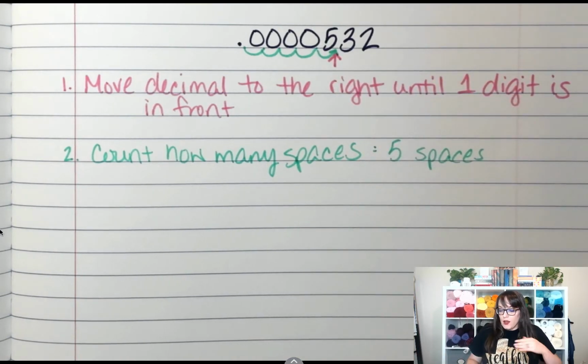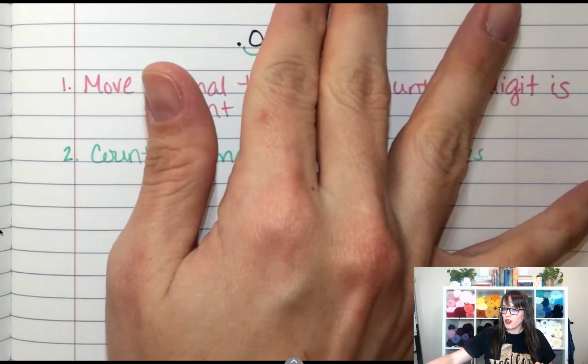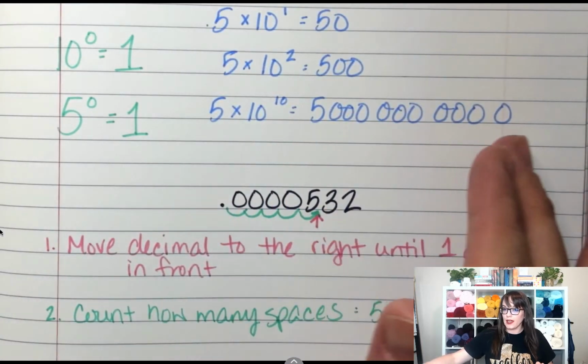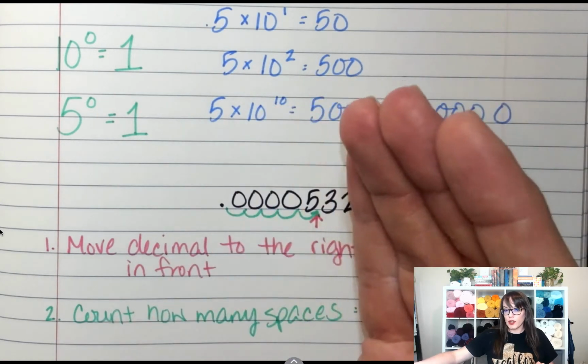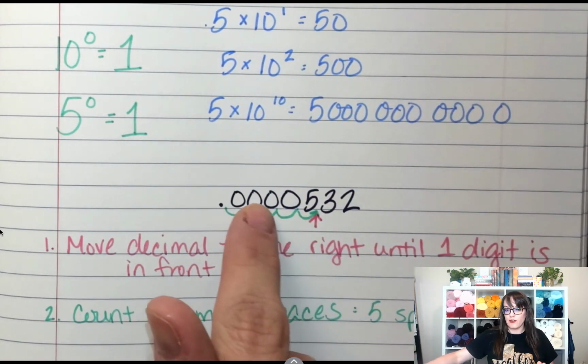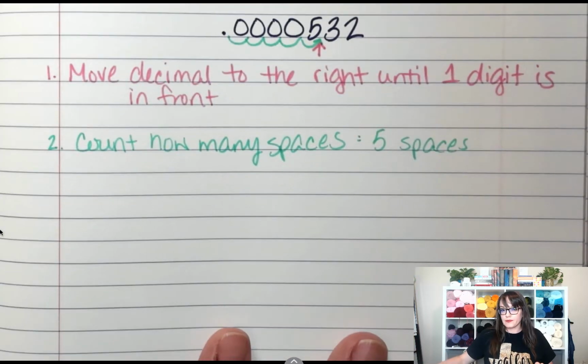Now, last time when we dealt with large numbers, we had positive exponents. In this situation, we're going to have negative exponents, because instead of our number getting bigger to the right, my number is getting smaller. So we're representing zeros in front, not zeros behind.